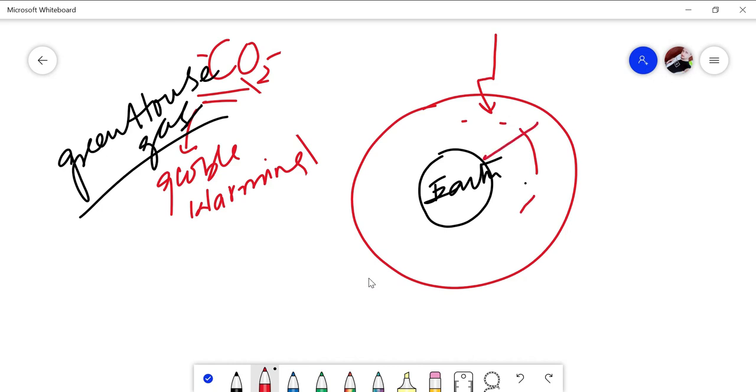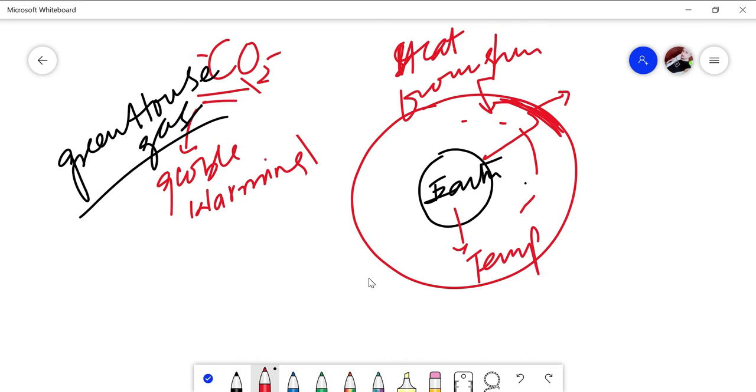When it is trying to rebound back, it cannot go away. So this is increasing the heat from the sun. This is increasing the temperature of the earth. It's increased and it's getting high.